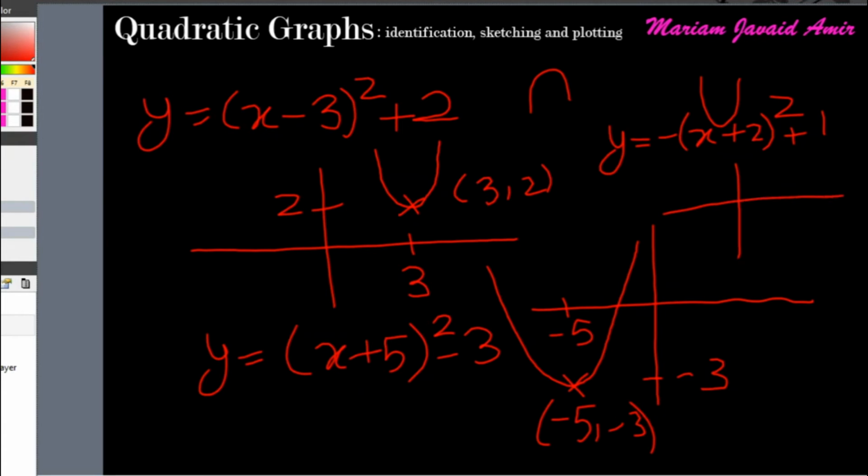The root will be negative 2. When we equate this to 0, we'll get x is minus 2, and plus 1 will move the graph 1 unit up, and it will be an inverted U-shaped graph. So something like this, an inverted U, which will be passing through the point minus 2, 1.